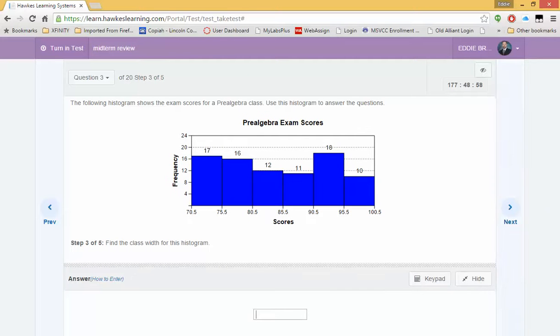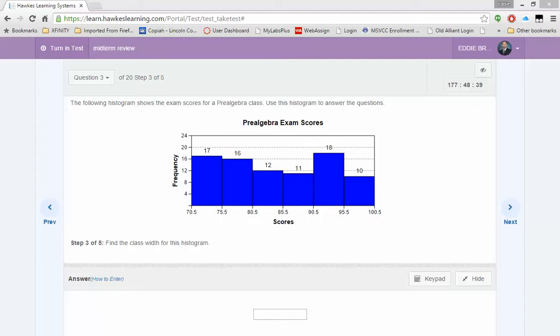Find the class width for the histogram. The easiest way to find the class width, you can take any two consecutive class boundaries on the histogram and just subtract the smaller from the larger.